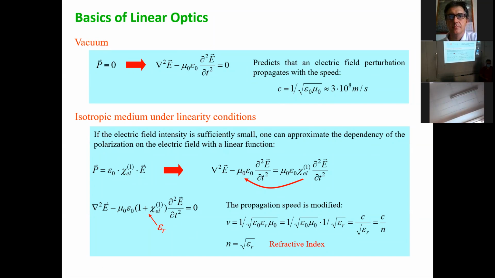Maxwell takes the value of epsilon naught and the value of mu naught, calculates the product, the square root and the inverse, and finds out that this was the same value that Fizeau, Foucault, and others were measuring for the speed of light in vacuum. So he demonstrates that epsilon naught and mu naught are related to the speed of light.